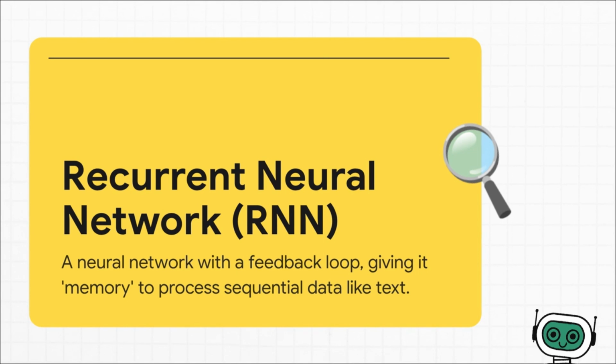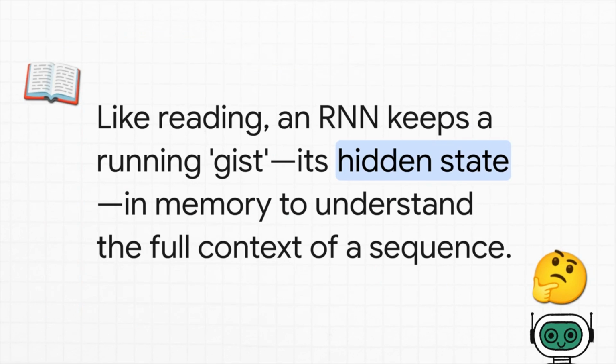And the way it does this is actually pretty intuitive. It all comes down to a feedback loop. When an RNN processes an input, it doesn't just produce an output, it also feeds a piece of information back to itself. So for the next input, it has some context from the previous one. It's basically looking at the new information while also remembering what it just saw. Here's the best way to think about it.